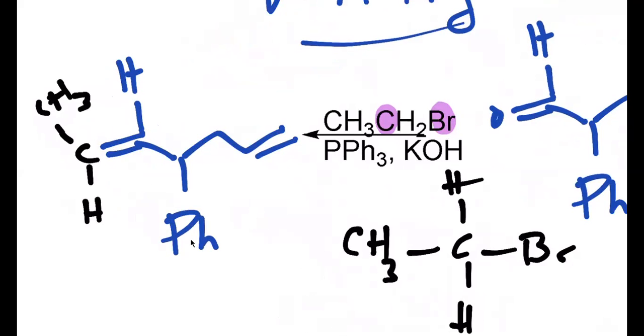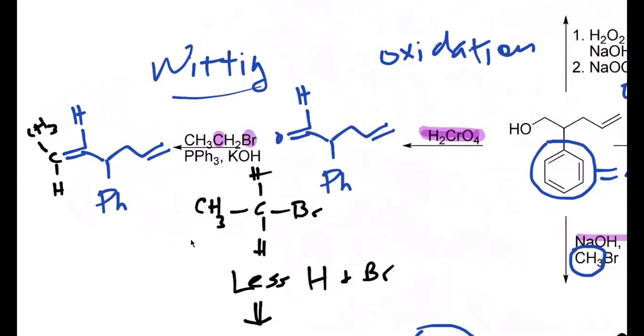So again, the way you predict a product, if you look at your alkyl halide, whatever carbon that halogen is attached to, all you do is take off an H and take off the halogen, and what's left, that carbon is the carbon that replaces the carbonyl oxygen. So that carbon is going to replace this oxygen right here.